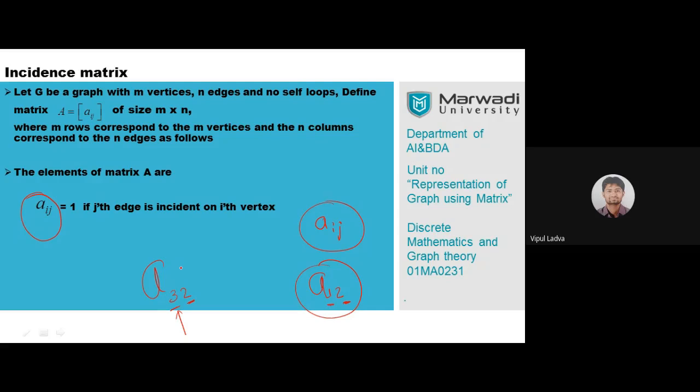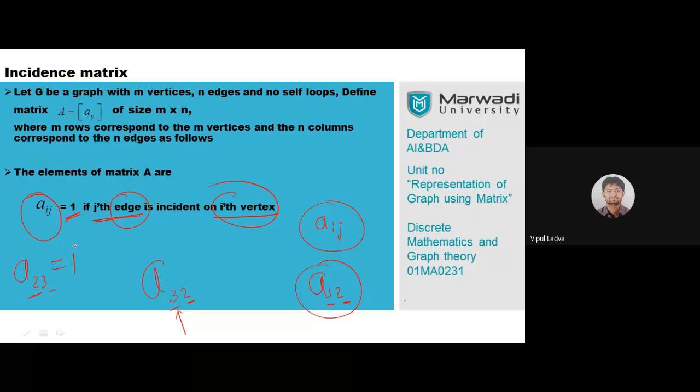That intersection of ith row and jth column we will label as 1 if jth edge is incident to ith vertex. क्यों भाई? रो में हम क्या देने वाले हैं? That will be number of vertices, so ith vertex, and column will lead to number of edges, is it? So अगर if I am using this a23 as a 1, if I am giving 1 over the place 2, 3, that means second row and third column. इसका मतलब क्या होगा?